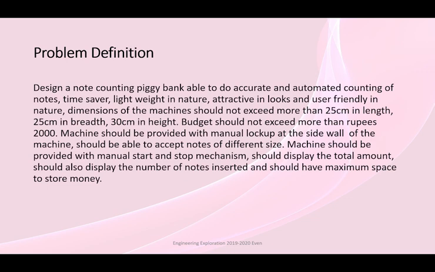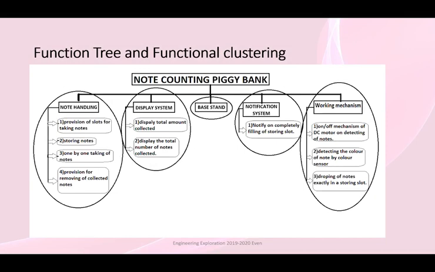For this problem definition, we have made a function tree to solve this problem, and we have clustered this problem into 5 different parts. Let's go one by one. At first, there's note handling. In note handling, there should be a provision for the machine to take notes, so that it can take notes and then detect.